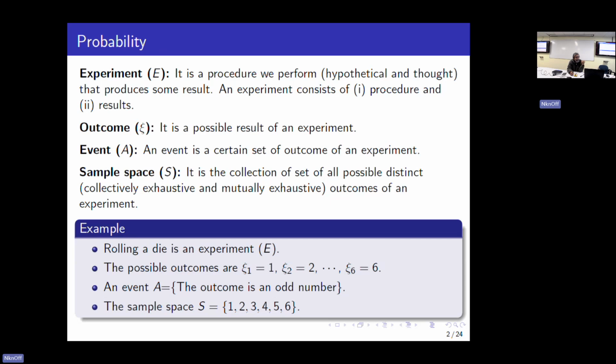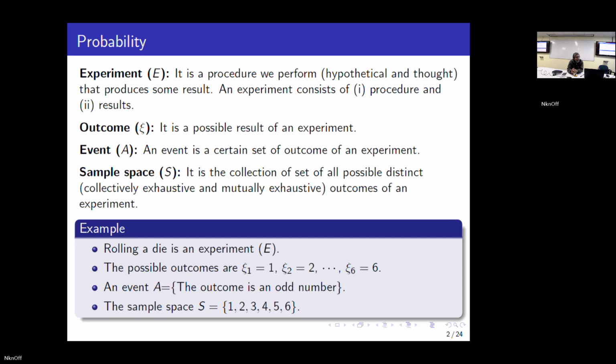There are two terms written here: collectively exhaustive and mutually exclusive. Mutually exclusive means if one event occurs, the other will not come. Collectively exhaustive means if you consider all the events, it will lead to the universal set S.